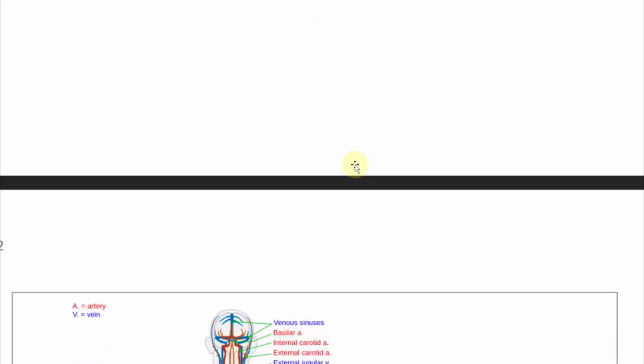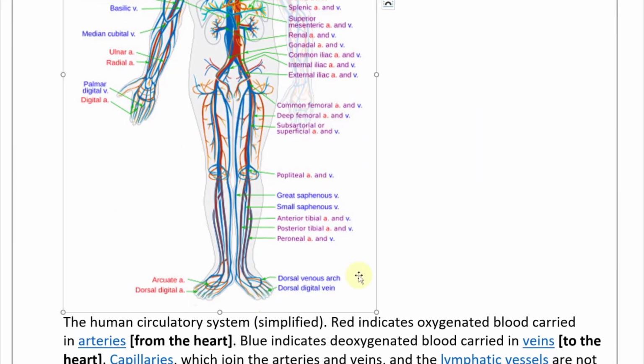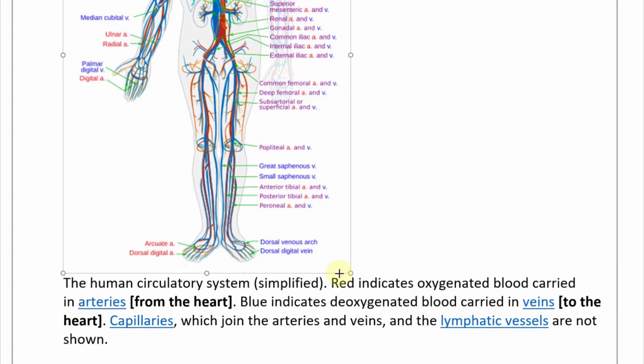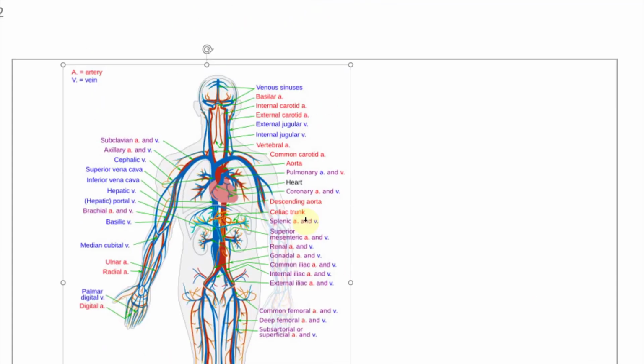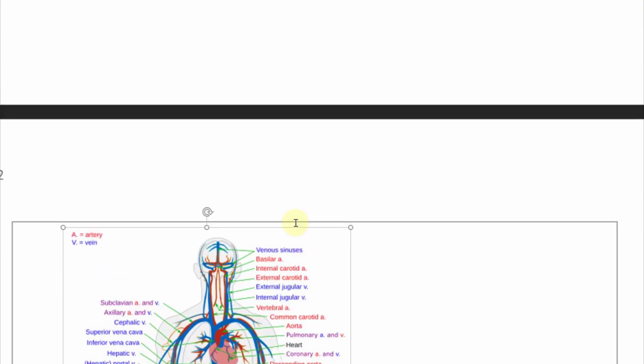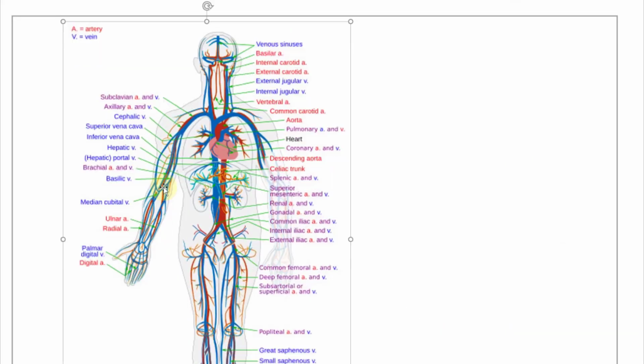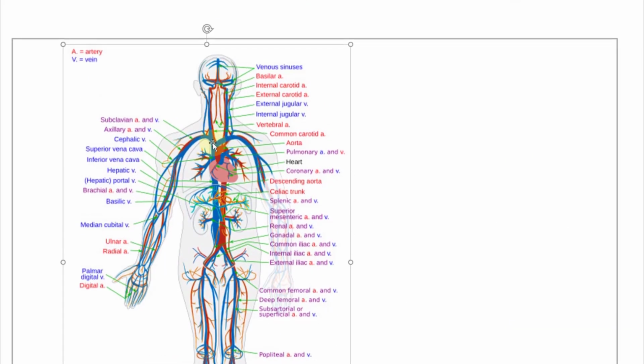All right, let's continue further. So here is an illustration. This is the circulatory system, but it's ignoring the lymph system. So this is a cardiovascular system. The blue is bringing deoxygenated blood, and the red is oxygenated blood.